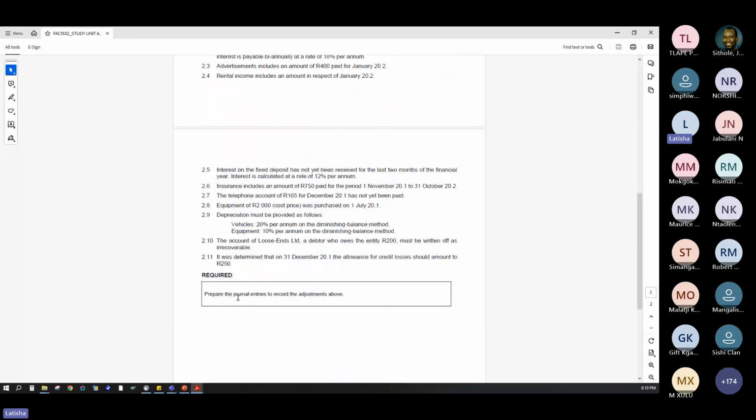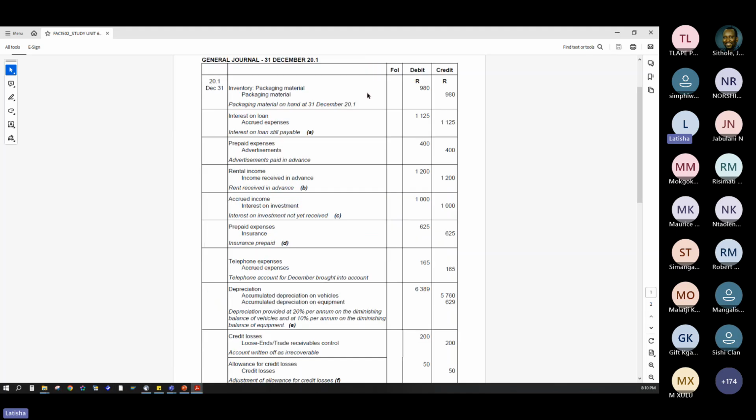It doesn't specifically say either. It just says journal entries. So when it says just prepare the journal entries, you're doing the debit and credit, which would be in this format. So it's not as detailed as when you do the general ledger in a T account format, or where you do the first step of the adjustments, but it's essentially the actual journals you are posting after you have recorded the transactions.